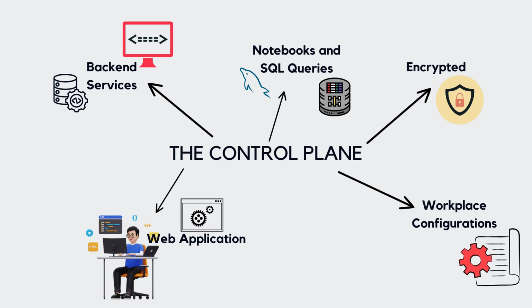Backend services facilitate interactions among the web application, database, jobs and queries, scheduler, and notebooks based upon the user and hence the user's workplace configurations. Backend services run and manage queries on the compute plane and the corresponding compute nodes.